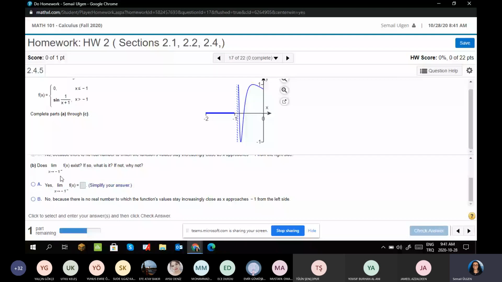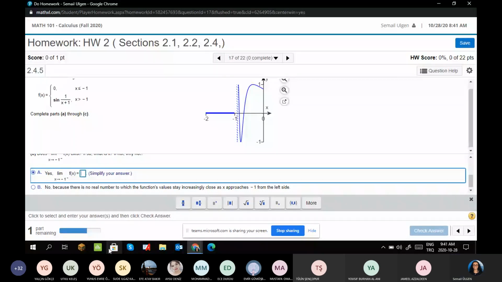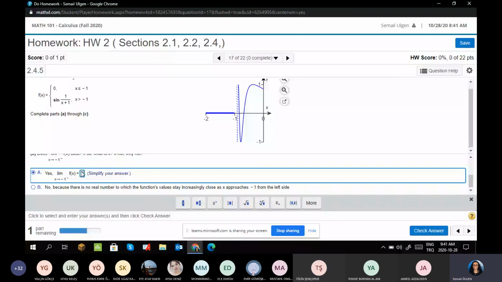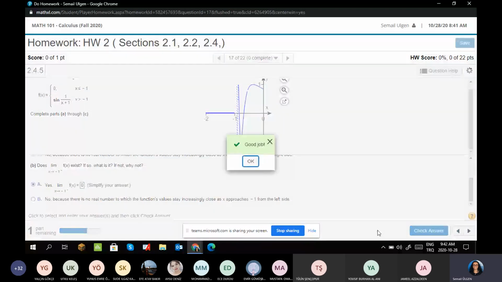If so, what is it and why? Can anyone give an answer? 0, teacher. That's right. It's 0, because from the left it takes only one value, which is 0. Good job.